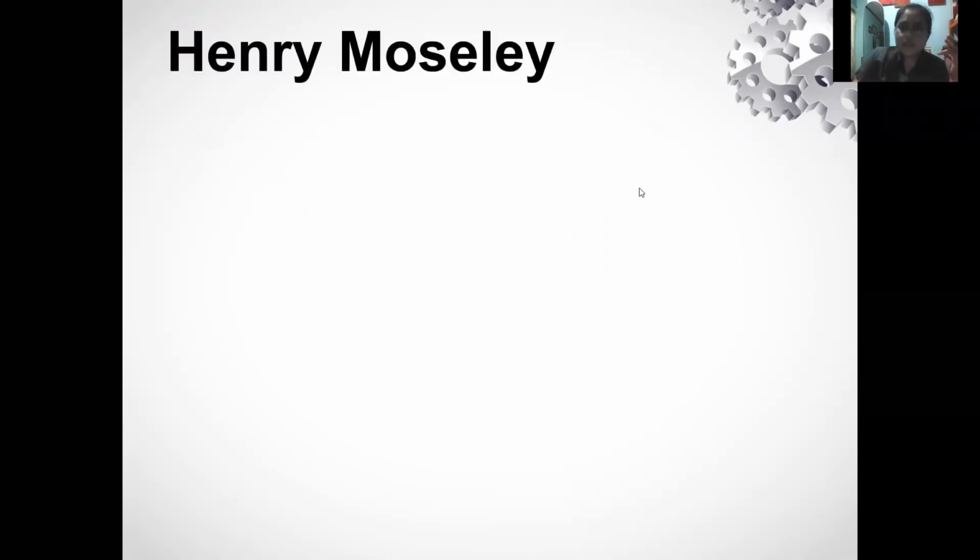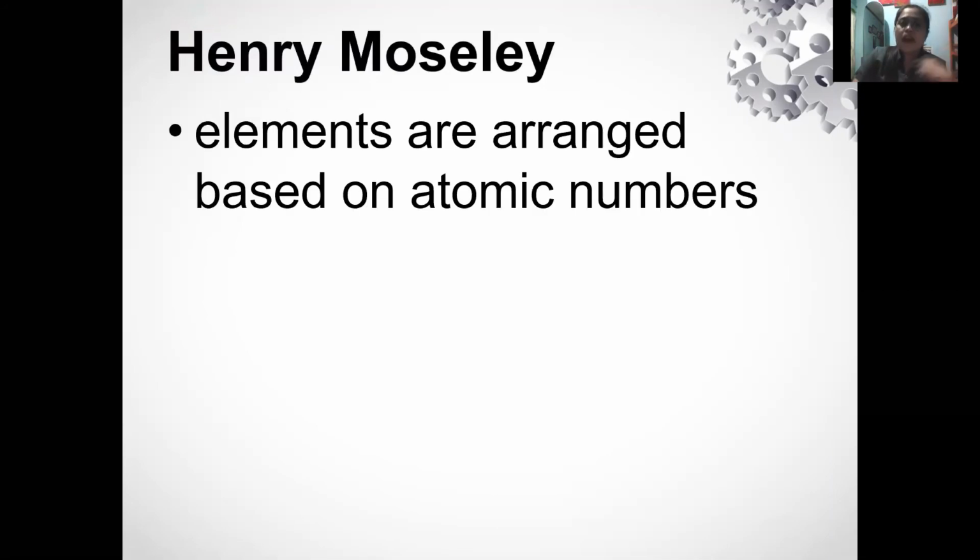But, it was Henry Moseley who arranged the elements in the periodic table according to their atomic numbers. So, magkaiba sila ha. Si Meyer and Mendeleev arranged the elements according to the atomic weights, while Henry Moseley arranged the elements based on their atomic numbers.